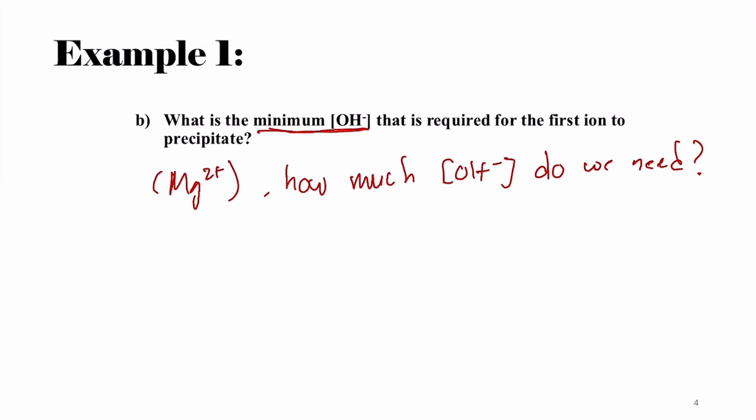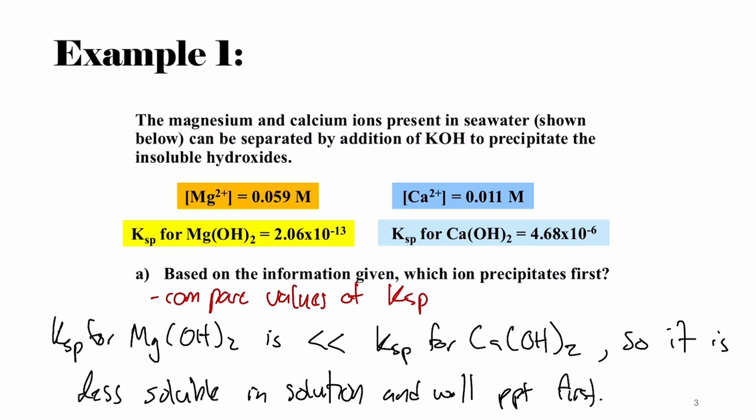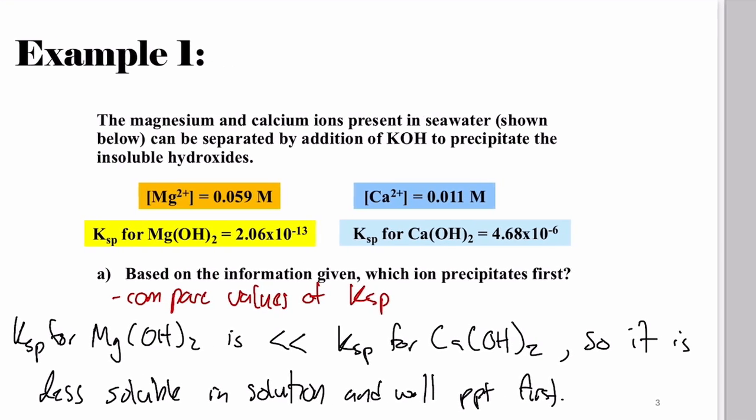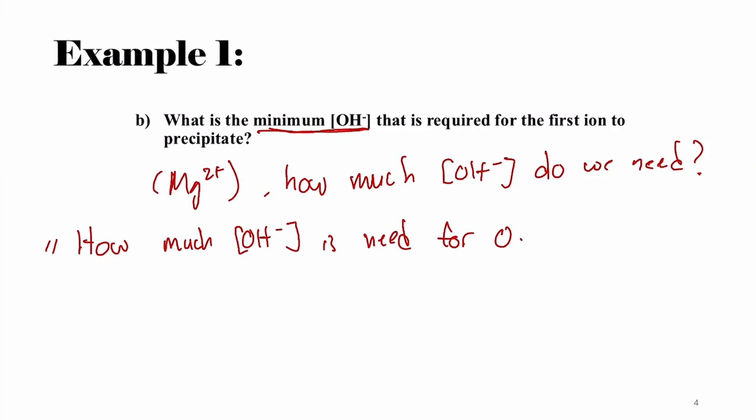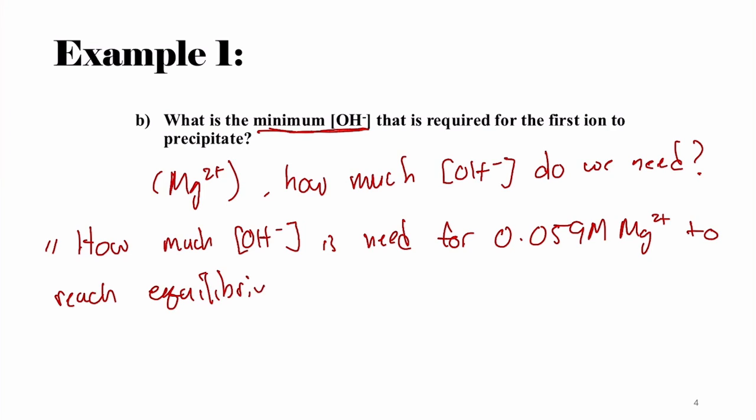So this is asking how much OH minus is needed for our concentration of magnesium, which we know is going to precipitate first, 0.059 molar magnesium 2 plus, to reach equilibrium.